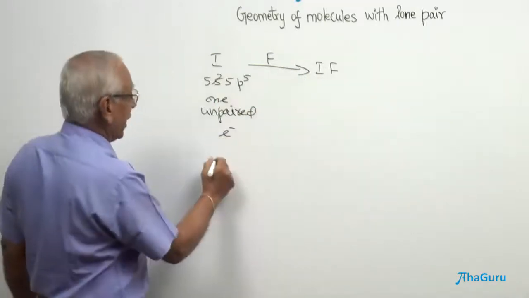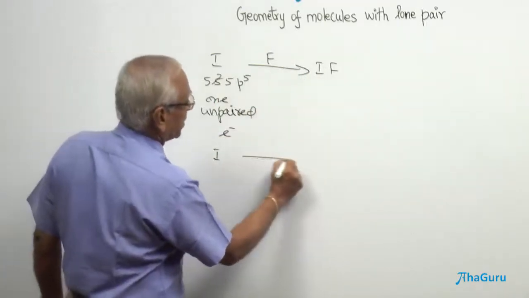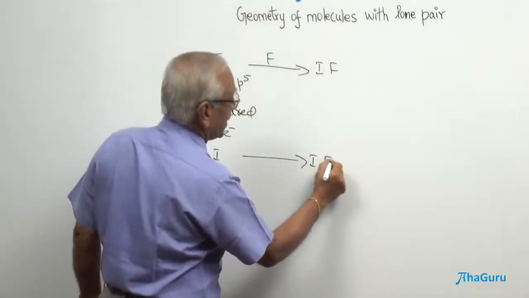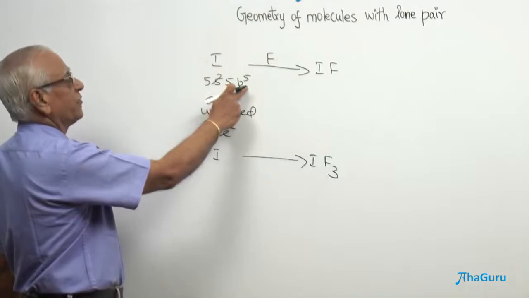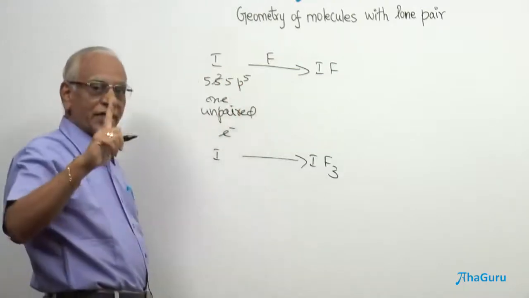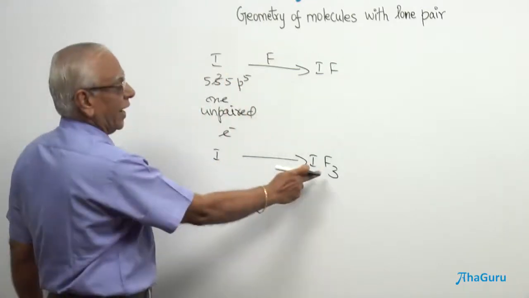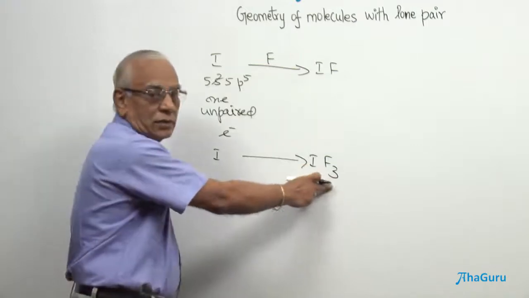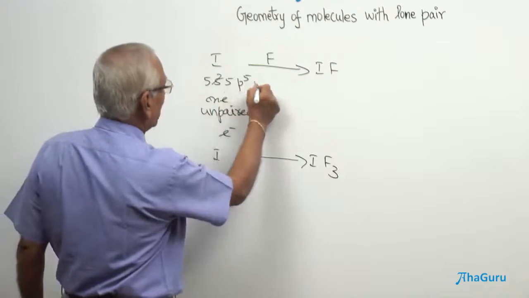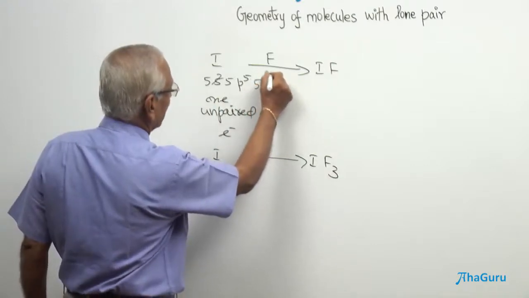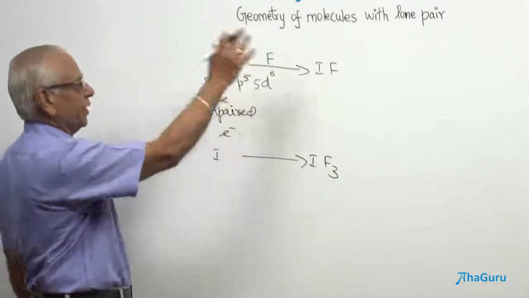Now, if iodine were to form IF3, I cannot make use of the ground state configuration because it has only one unpaired electron. I need 3 single electrons for the 3 fluorine atoms to combine. Therefore, what should I do? How many electrons do I have in the d orbital in the ground state? No electron.